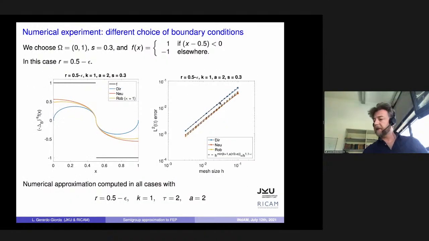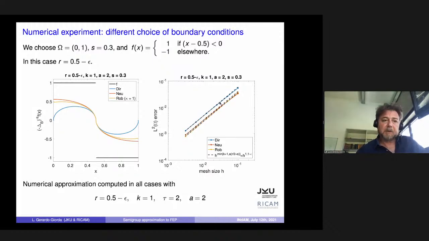And the last thing, and I'm afraid that I'm going a little bit over my time, we also did a test with different choices of boundary conditions. So we see how the solution of the fractional Poisson problem changes when you have different types of boundary conditions on your boundary.